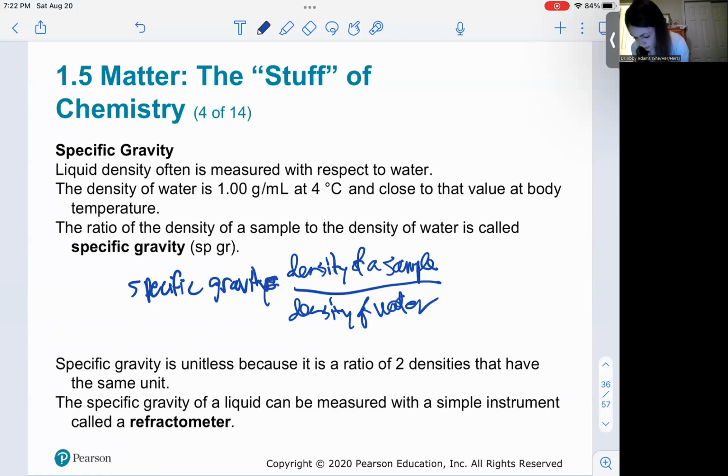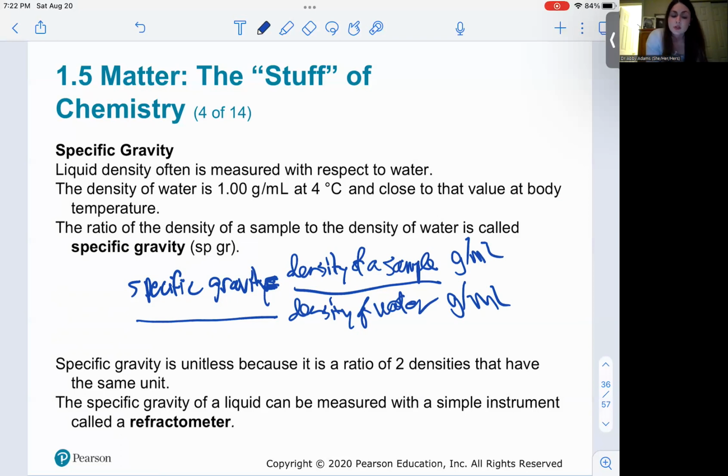So you see this pretty obvious relationship, and that is specific gravity. And specific gravity doesn't have a unit. Why? Because you have grams per mL over grams per mL. This cancels out. This is a ratio, right?